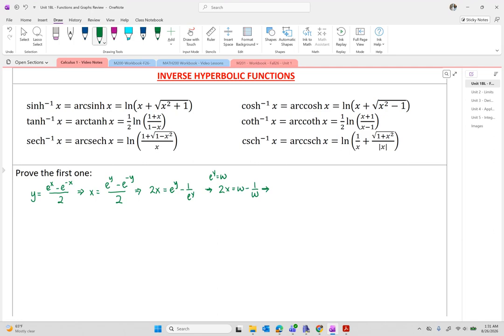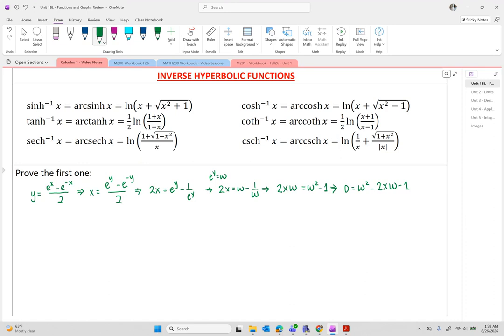If I multiply by w, 2xw equals w squared minus 1. And if I write this in standard form, it will be 0 equals w squared minus 2xw minus 1.